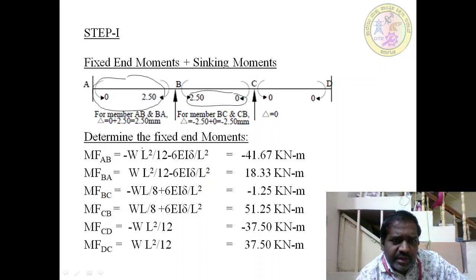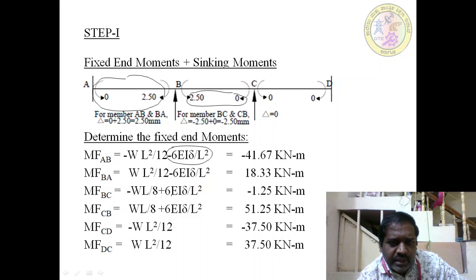So here determine the fixed end moments. Earlier we know that plus 6EI delta by L square and minus 6EI delta by L square will be added. So these are the sinking moments. How to calculate the sinking moment for the delta values: 41.67 and 18.33 again with 6EI delta by L square.